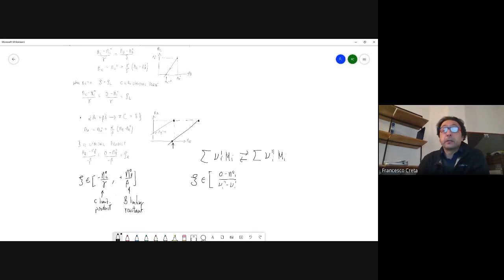So this would be my psi L, where species I is clearly my limiting product. Sorry, product, I always get mixed up. On the left it is clearly a product because we're shifting fully to the left, so you have a product that is being depleted. So I is the limiting product.